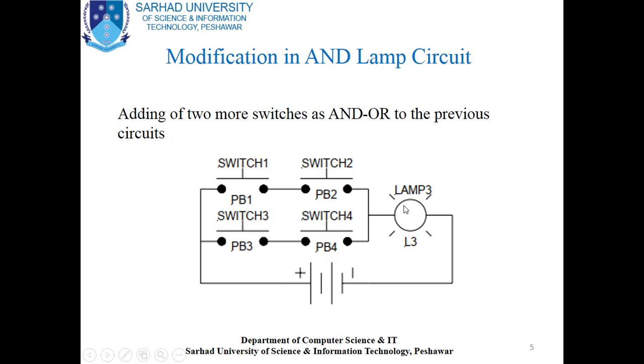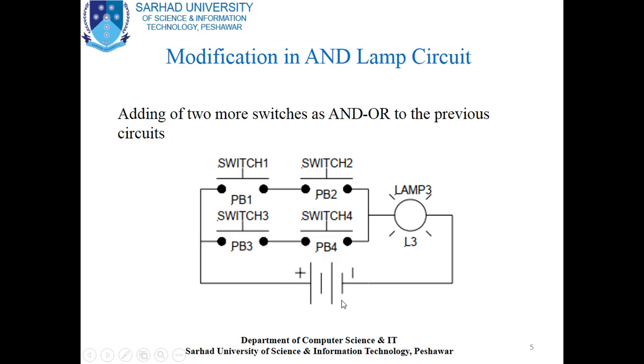Here you can see lamp 3, which is connected with switch 2 and switch 4. Here you can see the terminal of lamp 3. This is the terminal of lamp 3, and this one is also a terminal of lamp 3, which has been connected with the negative terminal of the DC battery. Here you can see the positive potential or positive terminal of the DC battery.